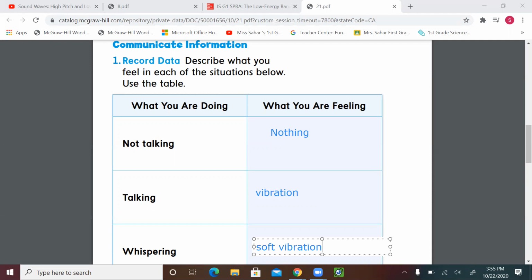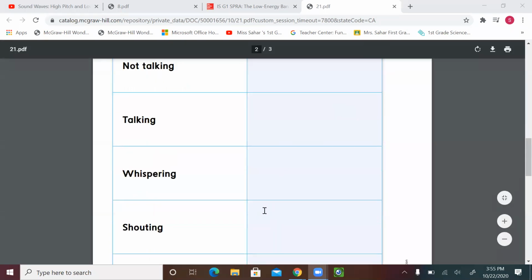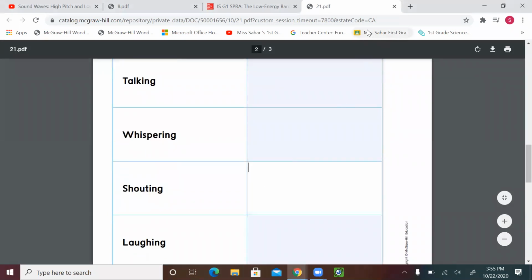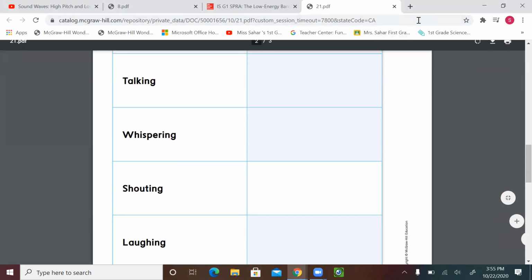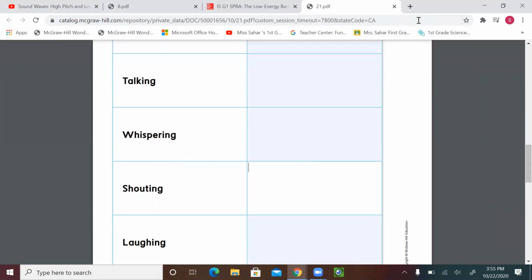Can you predict if I'm shouting? What do you think? It's going to be soft vibration or fast vibrations? Try to put your hand on your throat and shout. Yes. Shouting would be fast vibration.